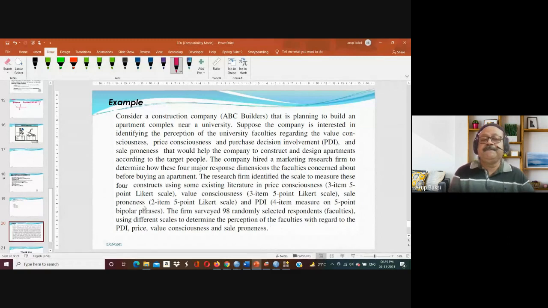Now, to start with, this particular company has somehow identified 4 factors. Eventually, these 4 factors may be renamed after the factor analysis, but to start with, they have some kind of concept. Now, as a researcher, you may ask this question: from where does this concept come?